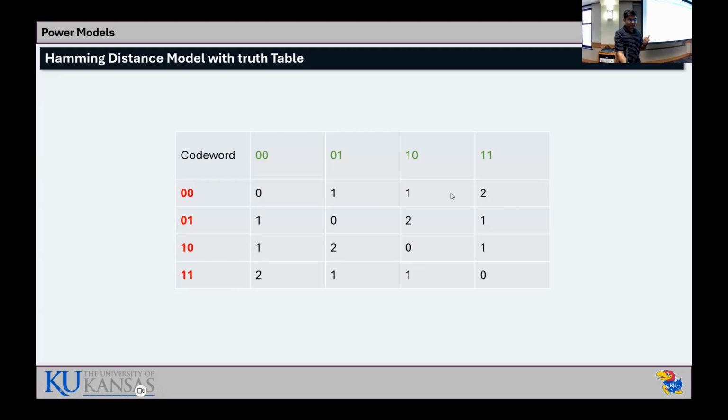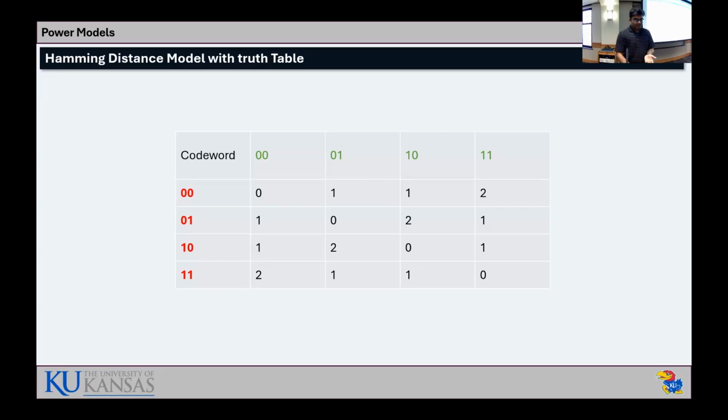And if it goes to 1 1, then how many bits changed? 2. Think about it: when the first state is 0 and the next state is also 0, that means nothing is happening inside your circuit, so you will just get static power. You will not get any dynamic power because nothing has changed.